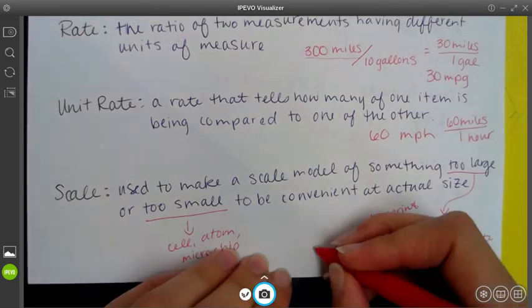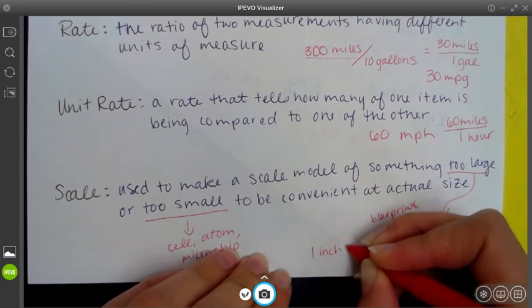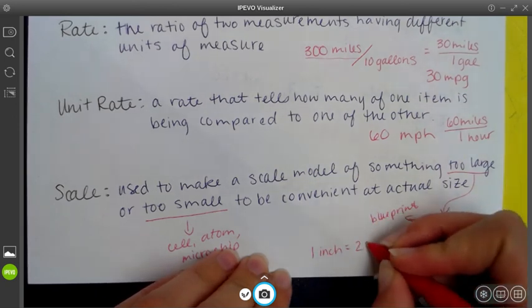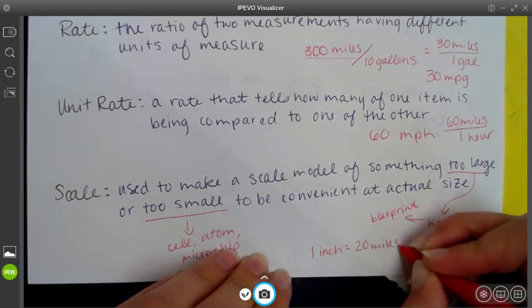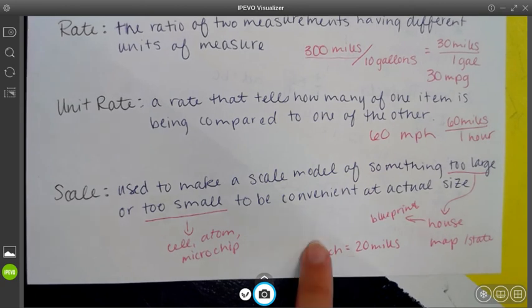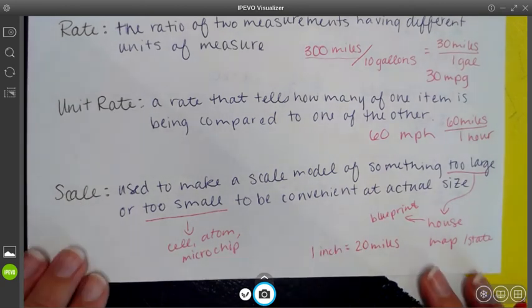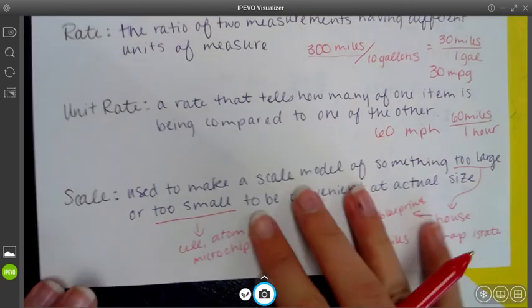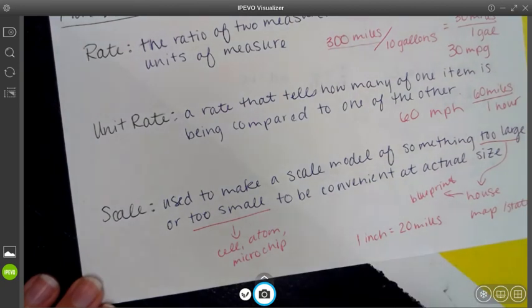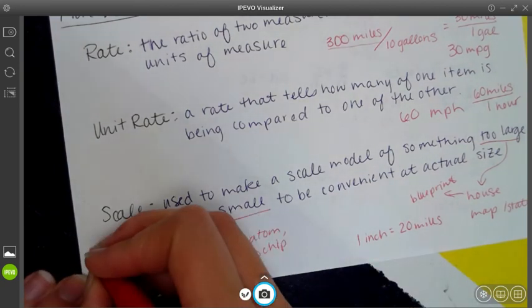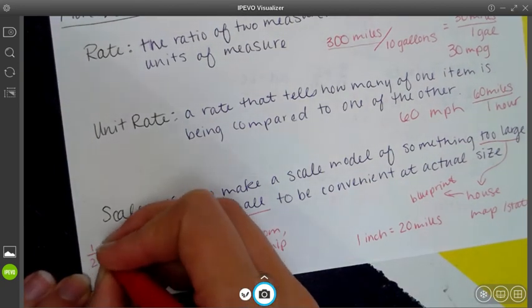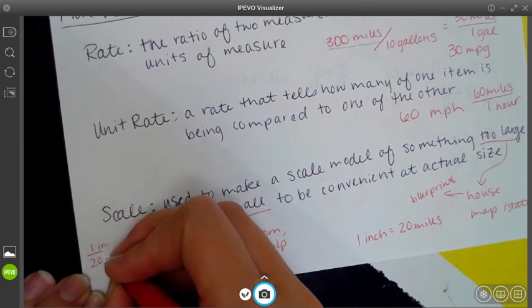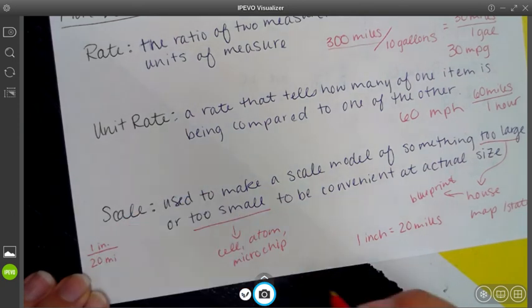So it could be like, if you measure 1 inch on the map, in real life that would be 20 miles, right? Let's do a quick example over here. 1 inch per 20 miles on the map of Wisconsin.